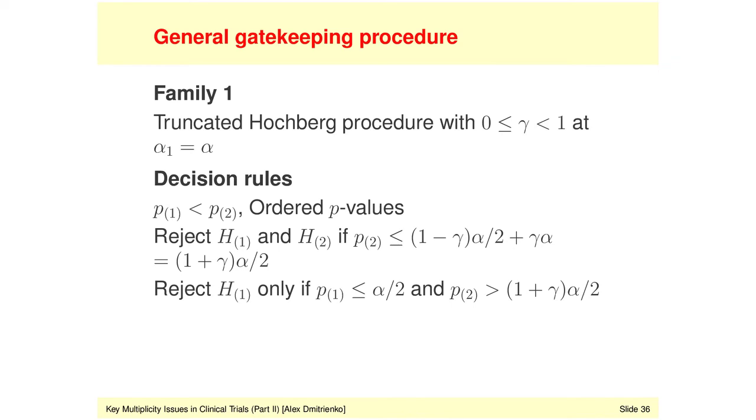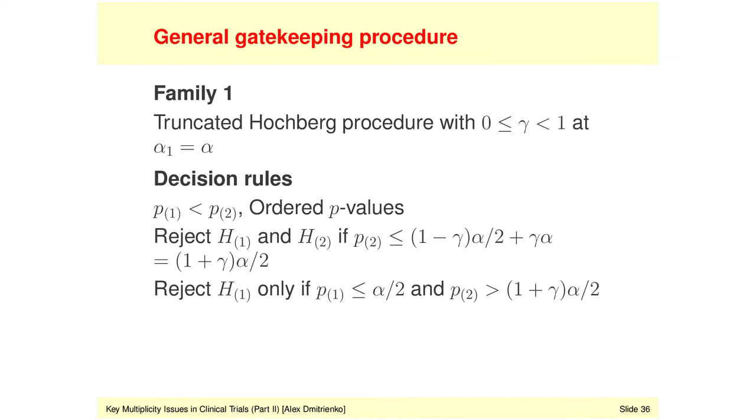Just to remind you how we typically carry out the truncated Hogberg test, if we assume that the ordered p-values are denoted by p(1) and p(2), using the standard parenthetical notation to define the smaller of the two p-values and the larger of the two p-values, then both hypotheses will be rejected if the larger p-value is less than or equal to (1 plus gamma) times alpha over 2.